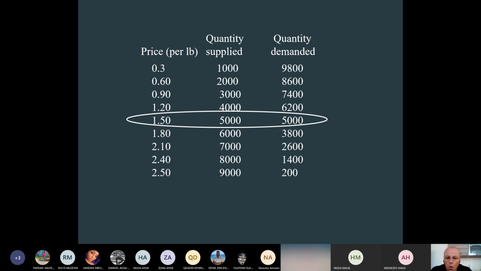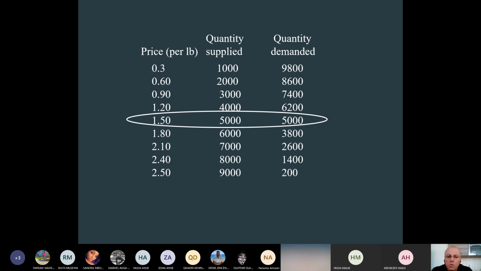If the price goes to 0.60, the quantity demanded decreases to 8,600, but the quantity supplied of course increases, since the producers are profit oriented, which is good for them, shifting the quantity supplied from 1,000 to 2,000.